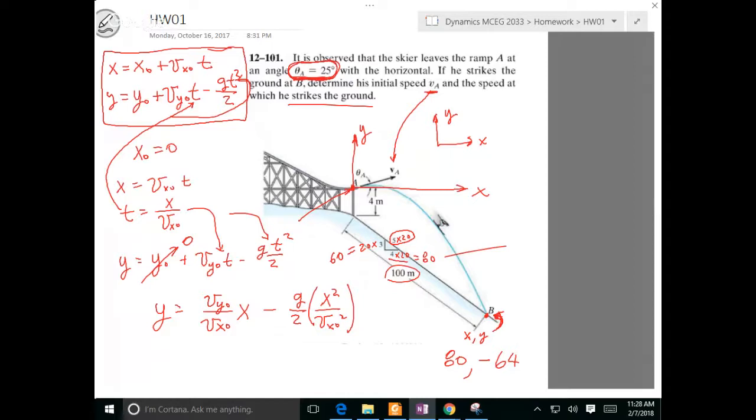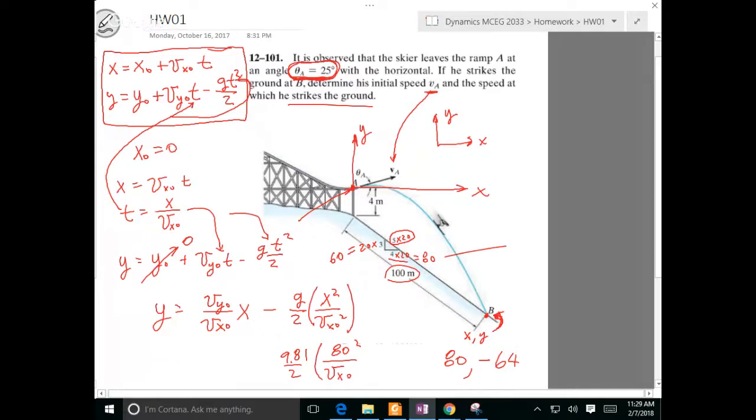Which one do you want to do? Well, I guess, what is this? Is it meters? So you got 9.81 over 2. You got x, if I'm not mistaken, that's 80 squared over vx naught squared.